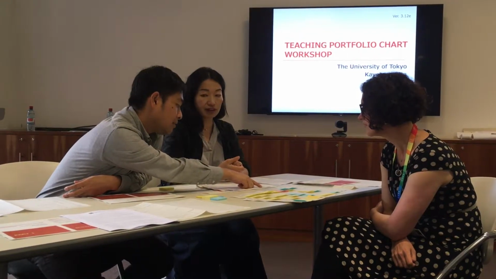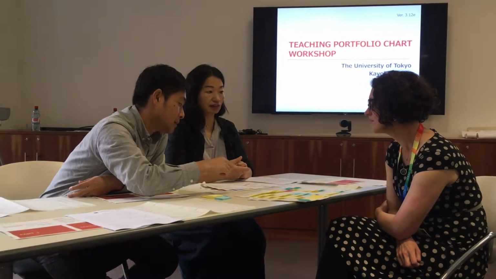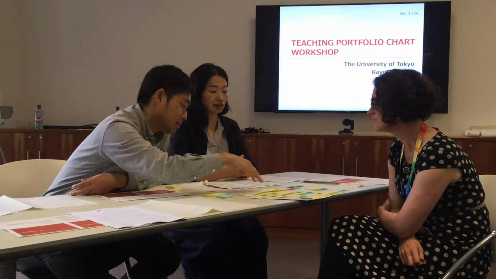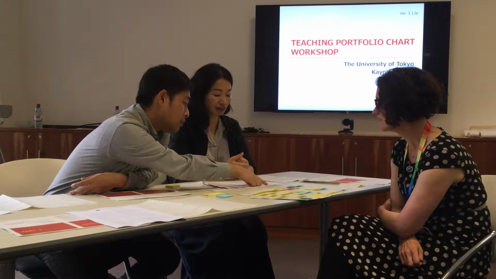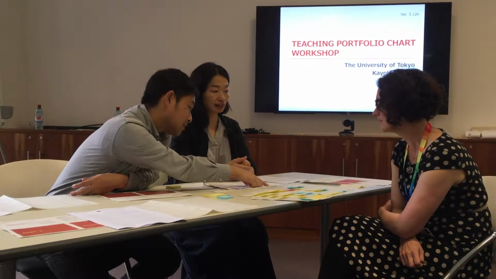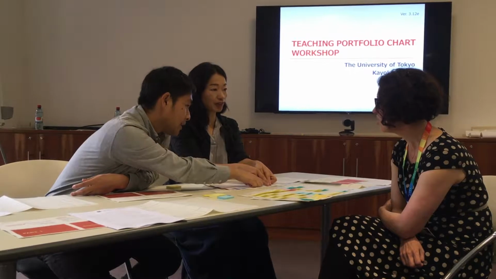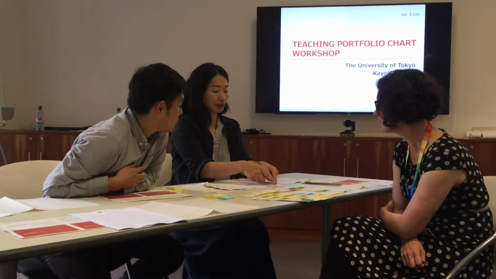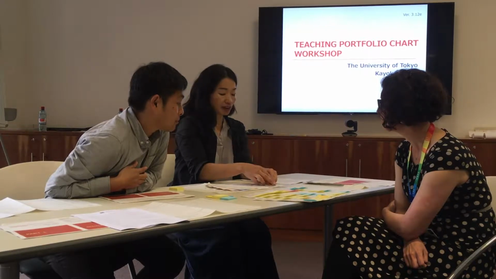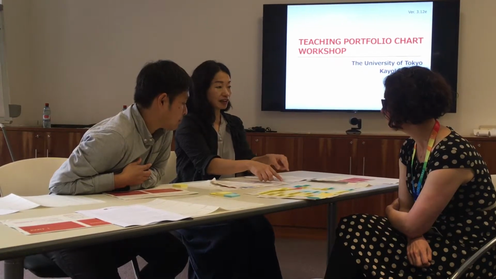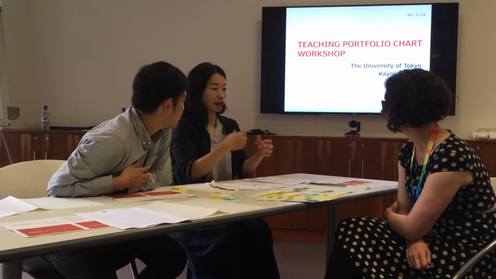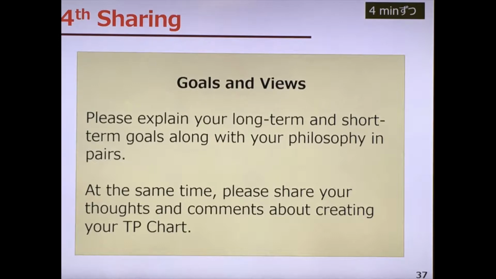In this sheet, participants write down their contents of teaching portfolio chart in sentences, and using those, starting a kind of draft of the teaching portfolio. And the participants can brush up the draft on the startup sheet during the mentoring one by one, mentee and mentor. So the dialogue brushes up the draft of the teaching portfolio.